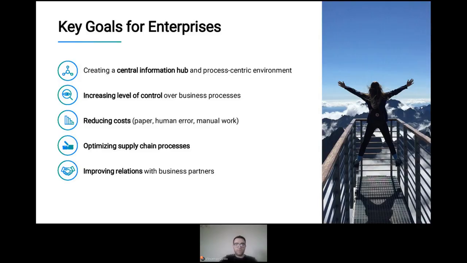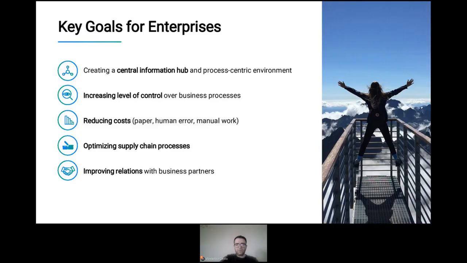And of course, one of the main goals is reducing the cost. As we know, cost effectiveness is also a main component of supply chain management. Reducing expenses across supply chain operations, which also includes the goal of a paperless office, and reducing the cost of human error and manual work, has also become an important challenge for the leaders.